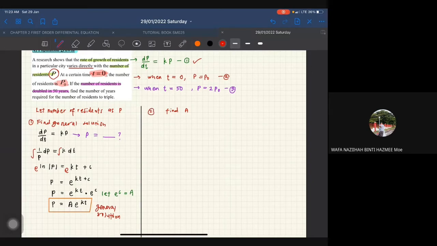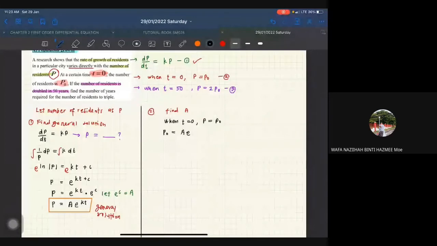Okay, so macam mana kita nak find A? So let's use this second information that we have. Okay, so when T is equal to 0, P is equal to P naught. Okay, so substitutekan into your general solution. So you will get P naught is equal to A E K to the power of 0.